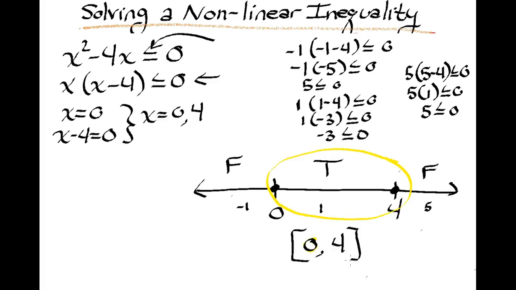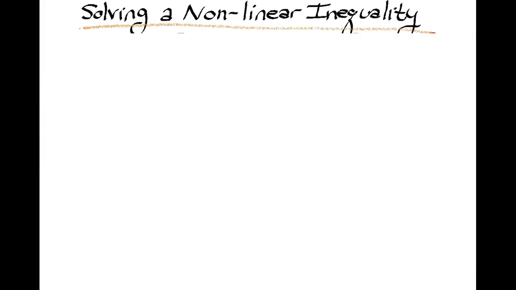Alright, I'm going to do one more example. So if you need this, pause it and write it down, because I'm going to erase it. Okay, last example. In this example, we are going to have 3 factors instead of just 2.